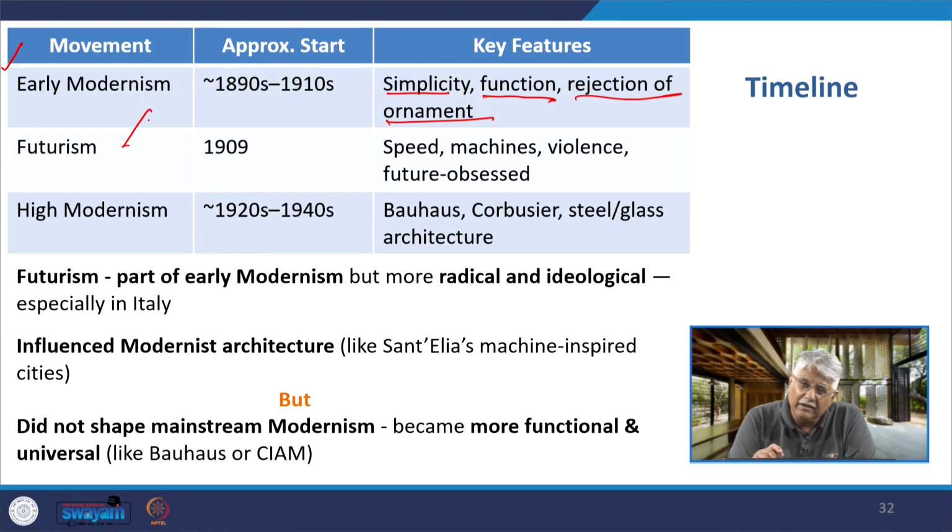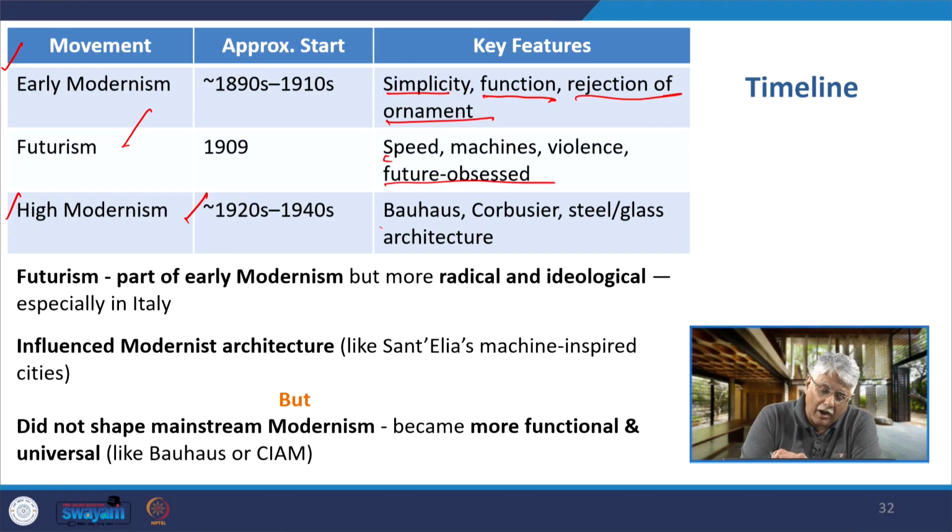Futurism came around 1909, and it was obsessive thinking about speed, machines, future obsessed. Violence is also a word used to describe it. Then high modernism, or rather we can say just modernism as we know it, from the 1920s to the 1940s with the works of Corbusier, Walter Gropius, Mies van der Rohe, and the whole group of architects which were a part of CIAM, the Congrès International d'Architecture Moderne, and all of them international style architects.